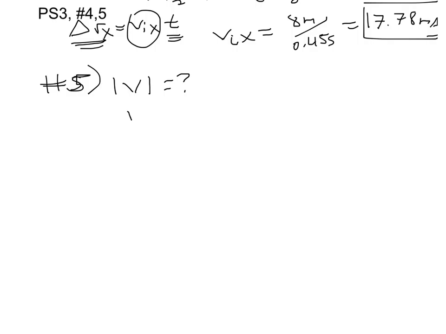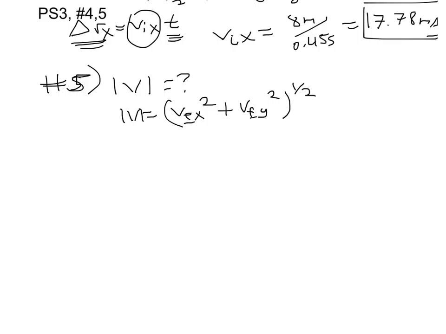As a reminder, the resultant velocity is equal to the horizontal velocity squared plus the vertical velocity squared, where f denotes final, so the final velocity in x and final velocity in y, and that quantity raised to the power of 1/2.